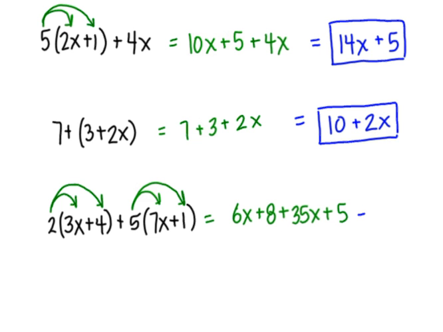Combining your x terms, you would have 6x plus 35x. 6 plus 35 would give me 41x. 8 plus 5 would give me 13. So your final answer would be 41x plus 13.